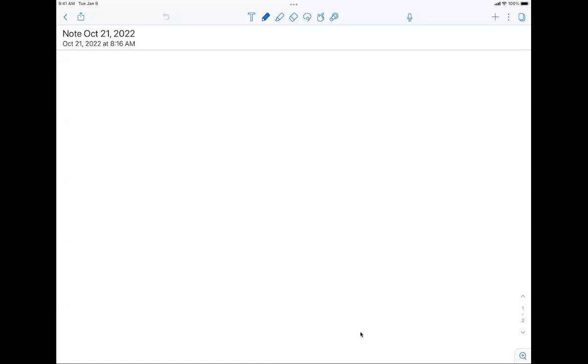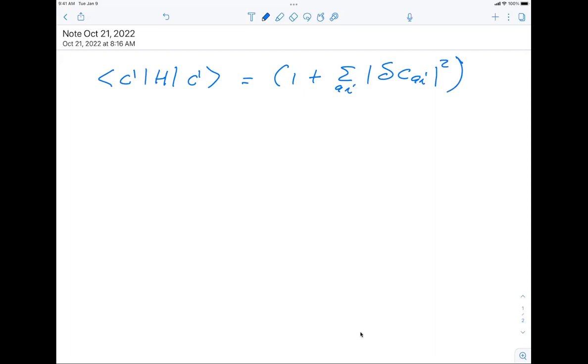So let me just bring this up. When we looked at the stability of the equations, what we did then is to have this equation with H, C prime, and then we have 1 plus the sum over A and I of delta C_AI. So this is the particle hole configuration, and this is multiplied with the Hartree-Fock ground state, which is something we can evaluate.